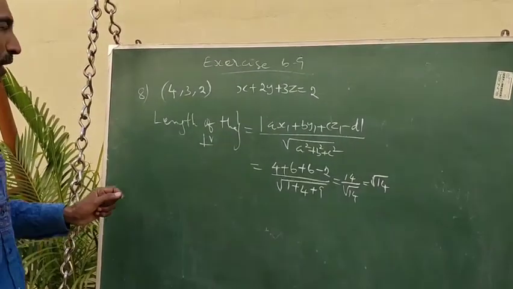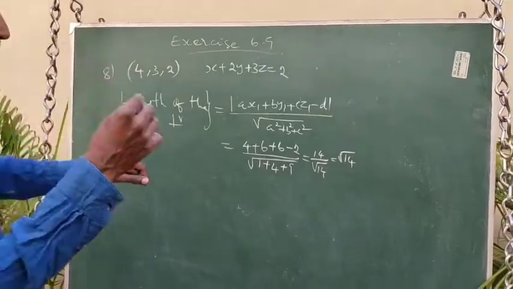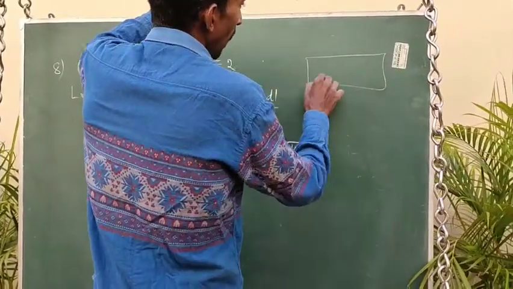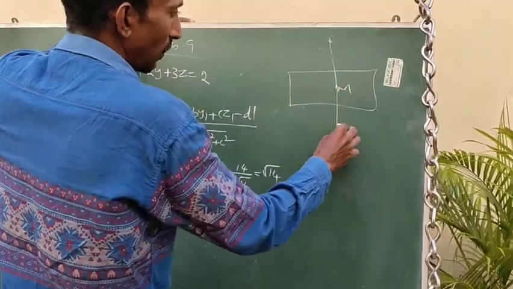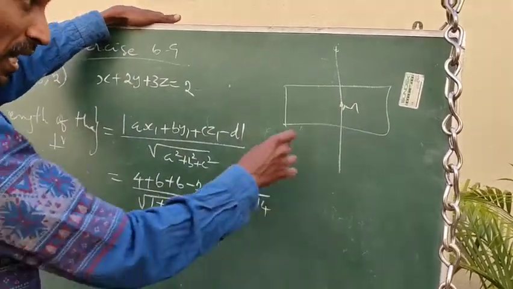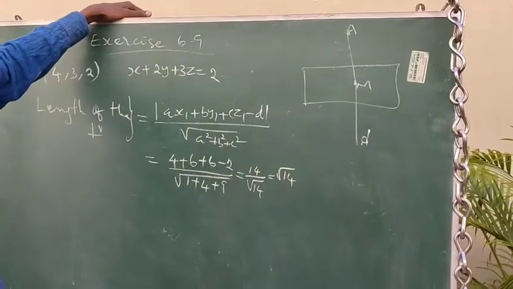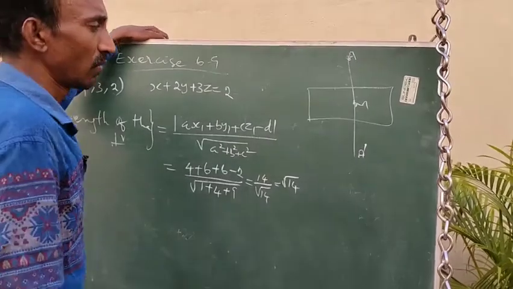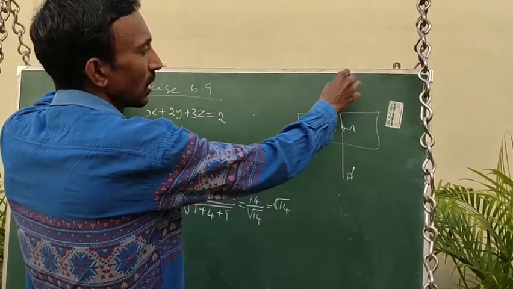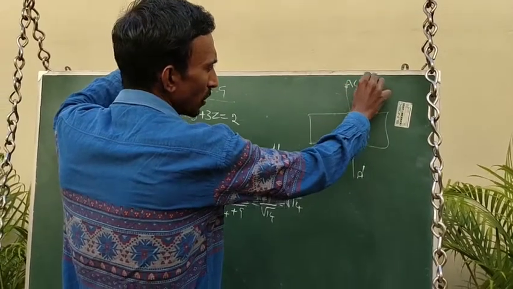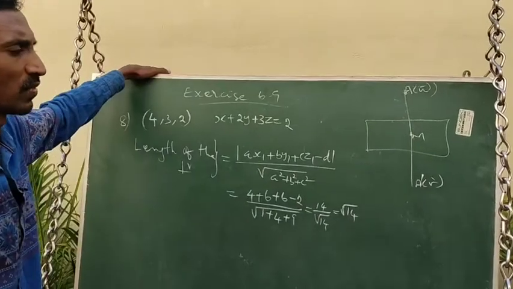Now our aim is to find the foot of the perpendicular. We already have the formula: the foot of the perpendicular is the midpoint of the point and its image. M is the midpoint. Assume the point is the u vector and its image is the v vector, then M is u plus v by 2.